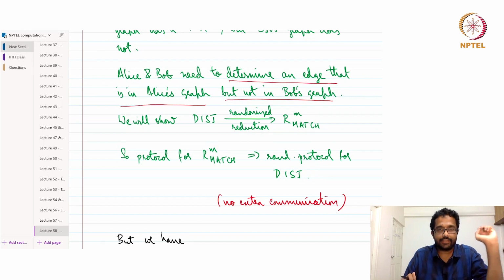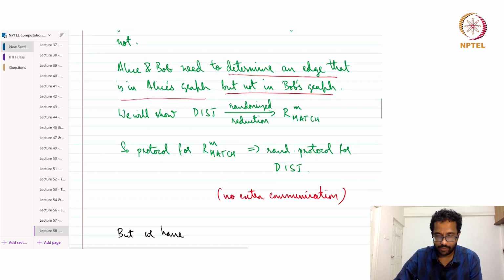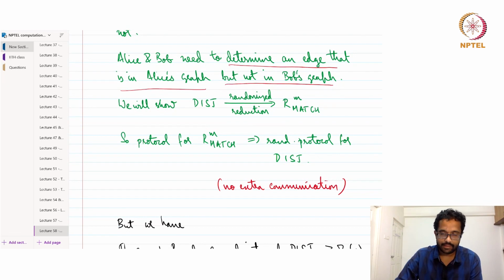We will show that for the disjointness function, which we already said requires at least n bits, there is a randomized reduction from the disjointness function to this Karchmer-Wigderson relation on matching.